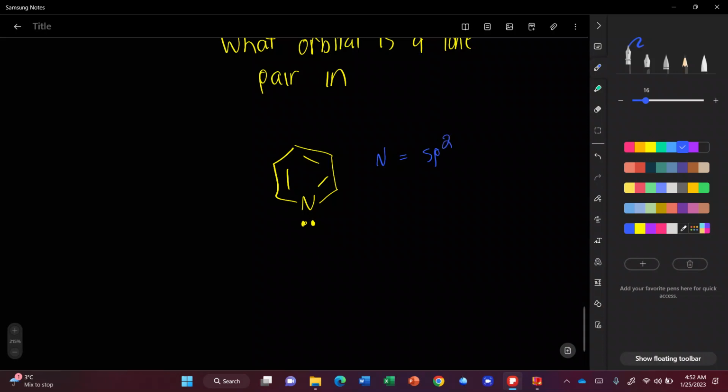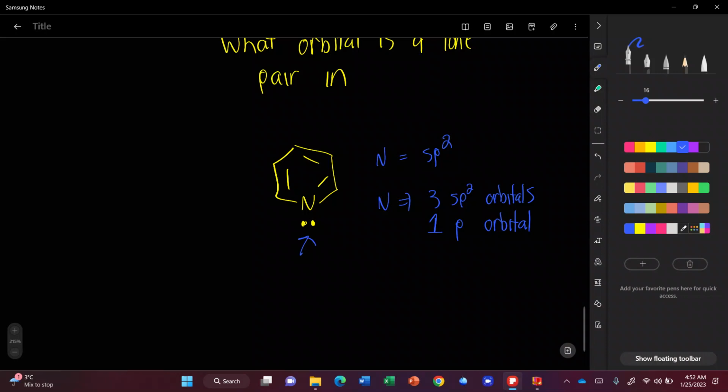We also know that if it's sp2 hybridized, that means it has 3 sp2 orbitals and 1 remaining p orbital left over. Which means that this lone pair right here could either be in one of the 3 sp2 orbitals, or it could be in the p orbital.